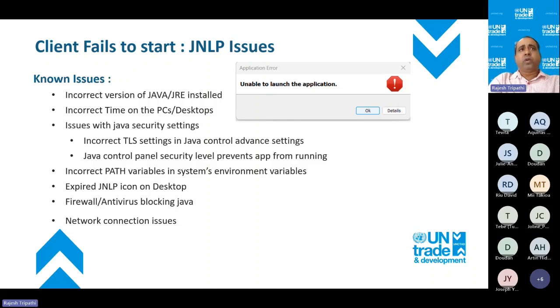Also, one of the user country reported they did everything we said, and still he was unable to run this application. After a long time, he managed to find out the reason, and it was the wrong date and time on the PC.